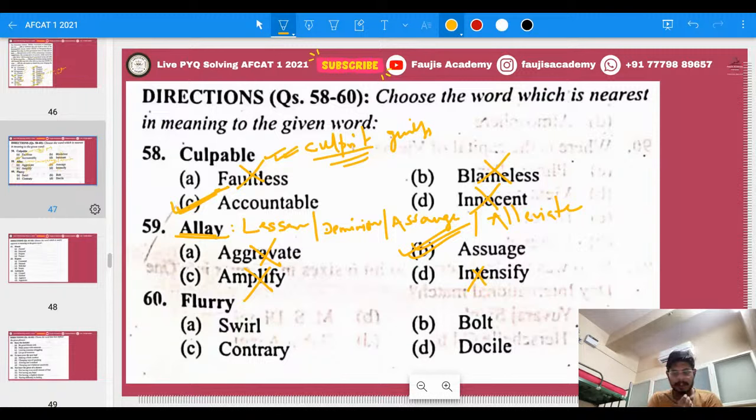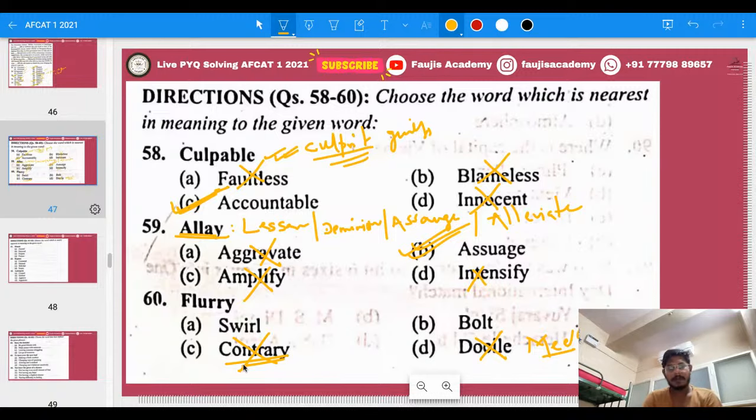It can be understood from the very sound of the word itself that something is coming very suddenly, some commotion or disturbance is happening very suddenly. So if that is the case, docile means meek. So that is not your answer for sure.